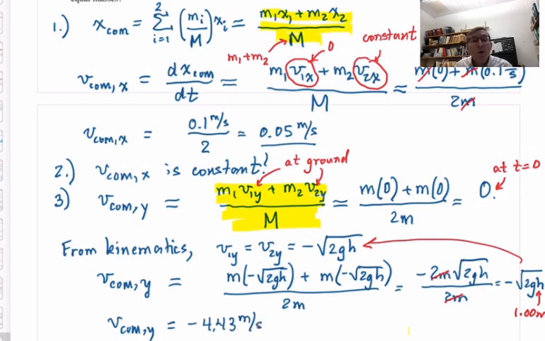Okay, that's what the y velocity of the center of mass is, just as they reach the ground. Right there. Negative 4.43 meters per second. What's the x velocity of the center of mass when they reach the ground? 0.05 meters per second. So considerably smaller than VCOM-y.